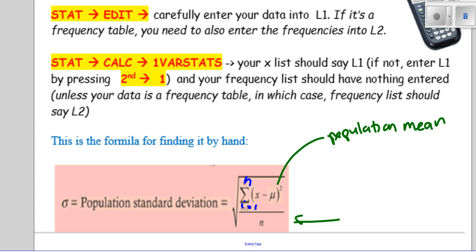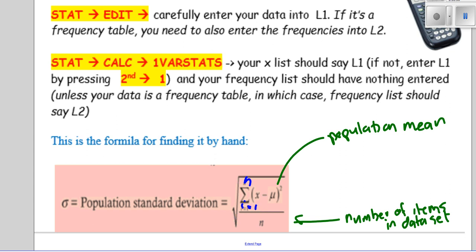So N means the number of items in the data set. Remember sequences and series: if i equals 2, it means you start with the second term.